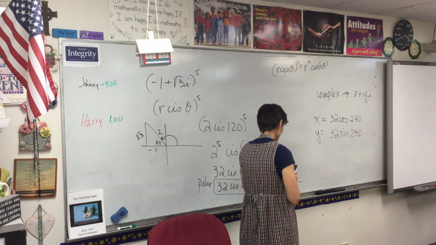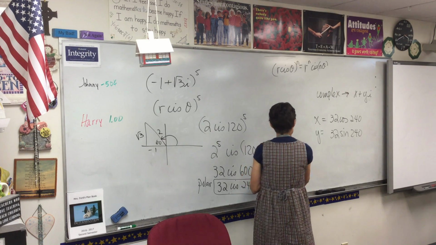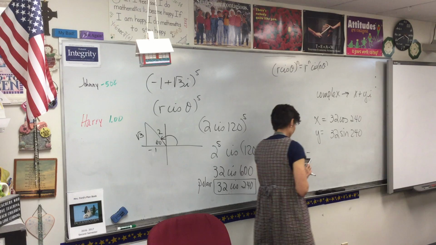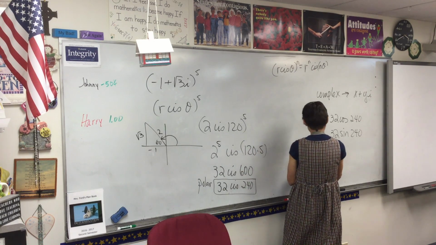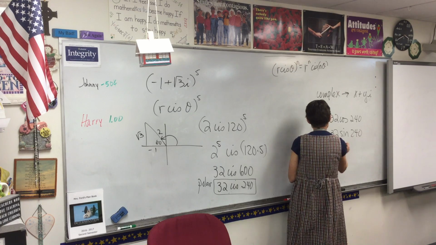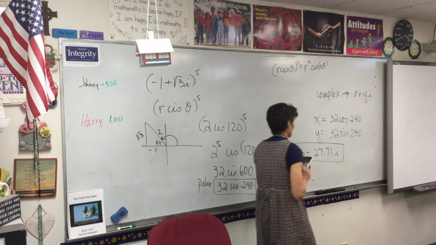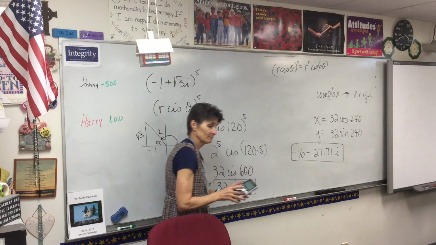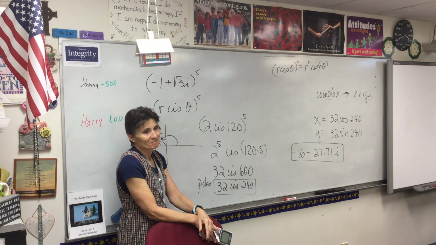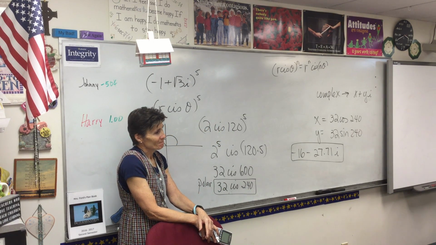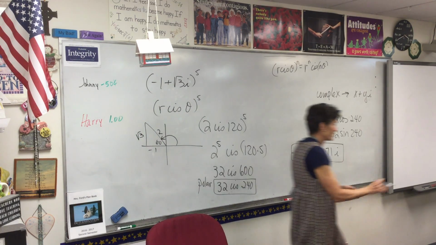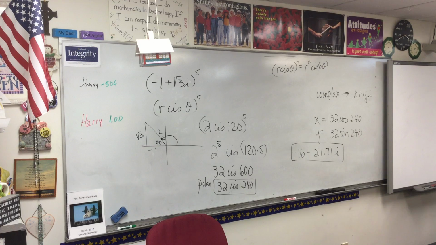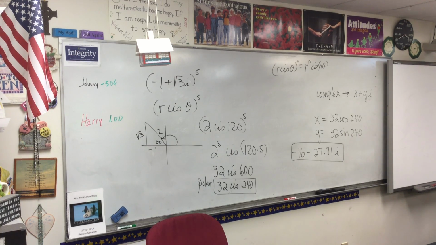So 32 cosine 240 is negative 16, minus 27.71 i, approximately, and there's your complex form. Aren't you so glad that you started today with math class?